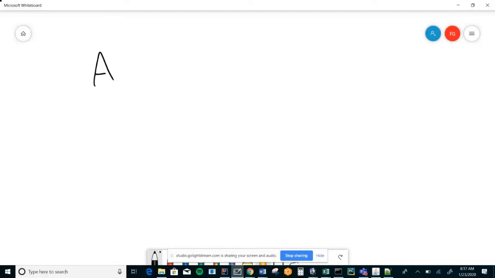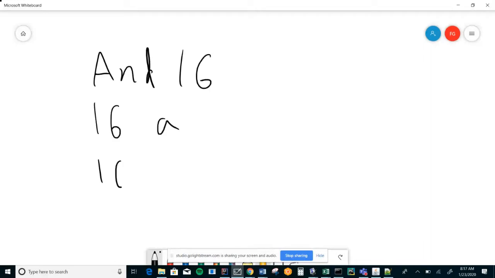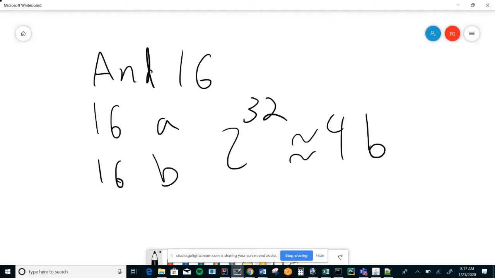If we're thinking about a gate like AND16, it's got a 16-bit A input and a 16-bit B input. So that's 32 total bits of input. So the total number of possible distinct inputs is this. Now, this value by itself, 2 to the 32nd, might not be immediately meaningful unless I clarify that this is about 4 billion.